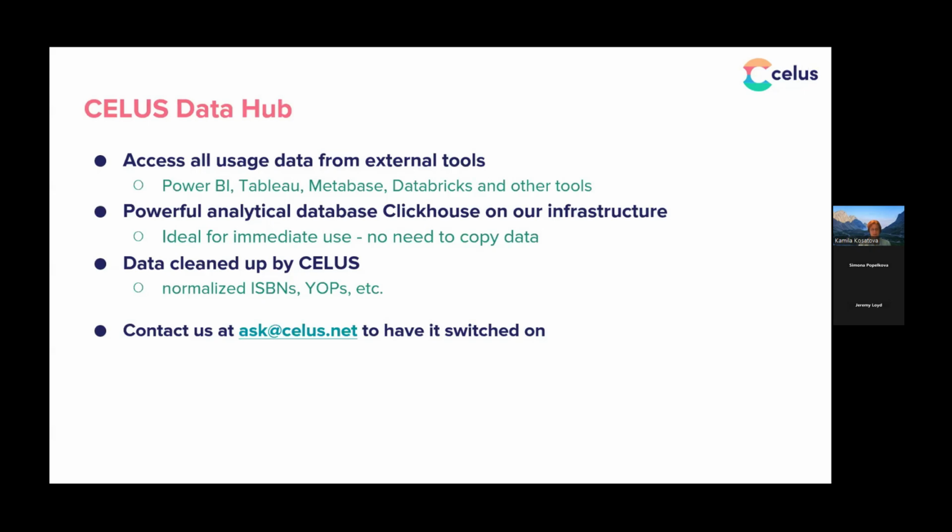If you have already CELUS account and you want to have the Data Hub add-on switched on, you just contact us at ask@celus.net and we will switch it on for you.